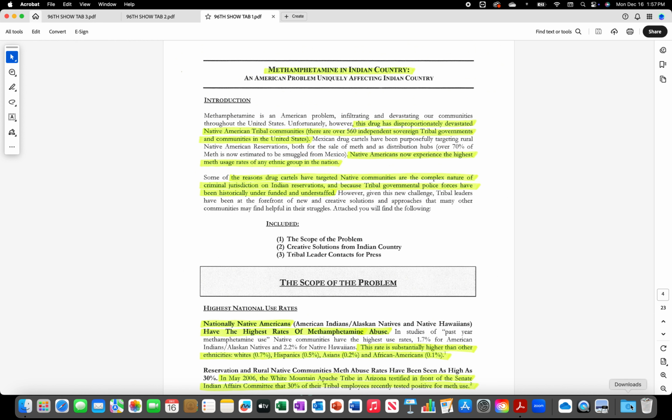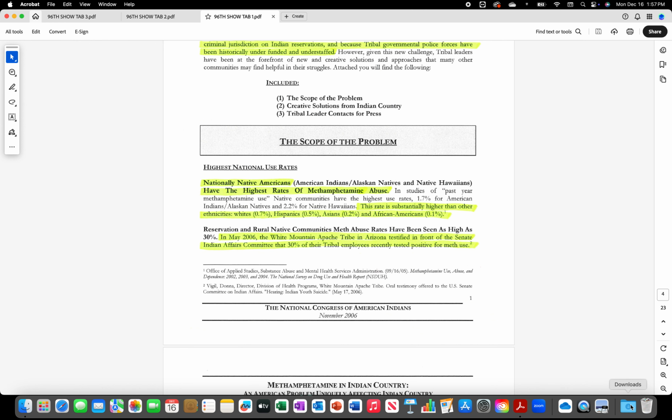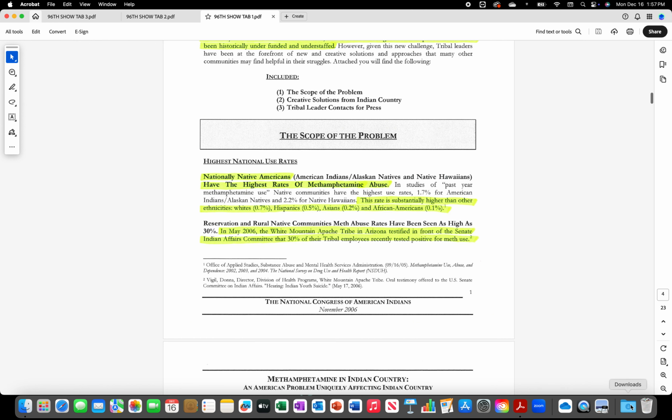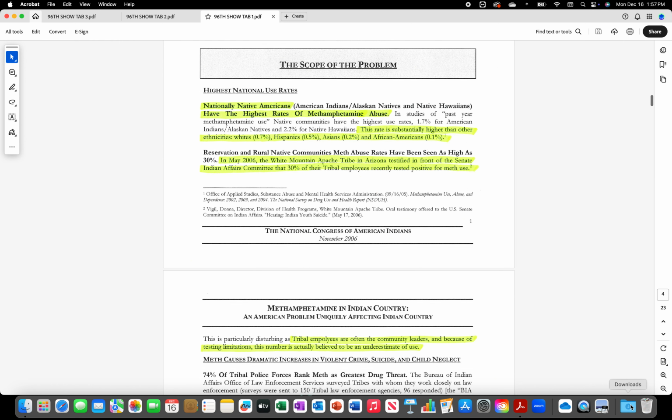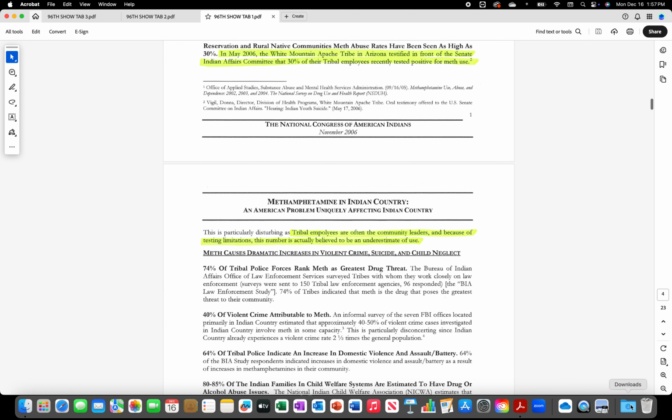The reasons drug cartels have targeted Native communities are the complex nature of criminal jurisdiction on Indian reservations, and because tribal governmental police forces have been historically underfunded and understaffed. Nationally, Native Americans have the highest rates of methamphetamine abuse. In May 2006, the White Mountain Apache tribe in Arizona testified in front of the Senate Indian Affairs Committee that 30% of their tribal employees recently tested positive for meth use.